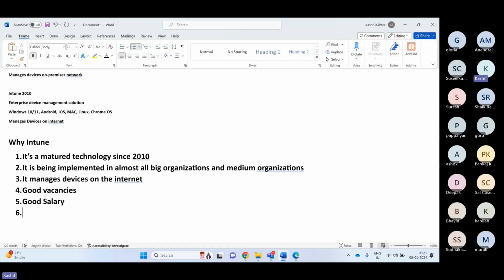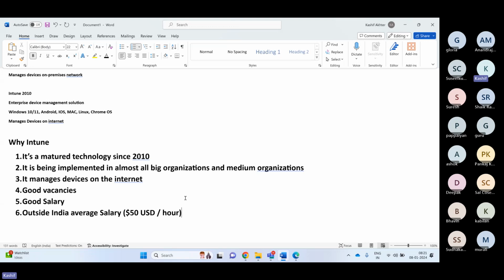So people who are in the US, outside India, you can expect an average salary of $50 USD per hour. That is outside India.